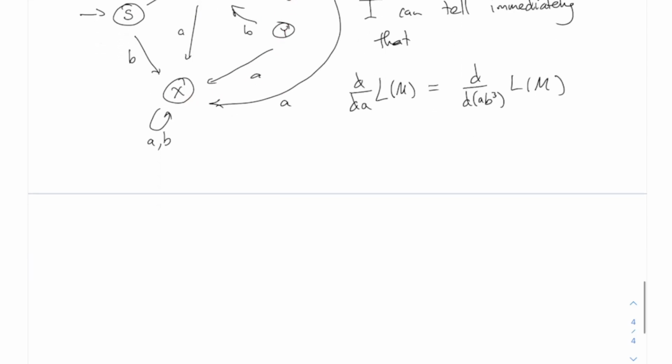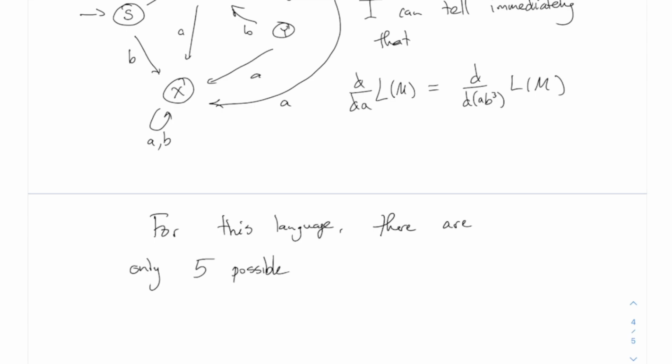So for this language, this is a strange but true fact: there are only 5 possible derivatives, d by dx, for various x.